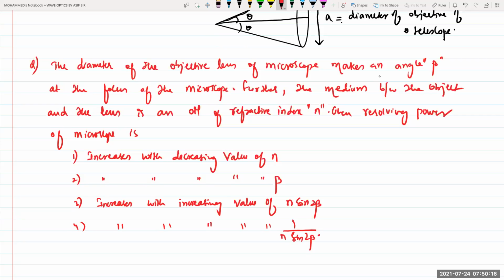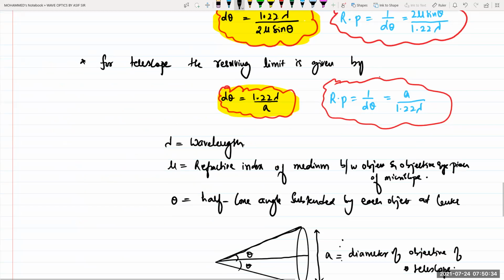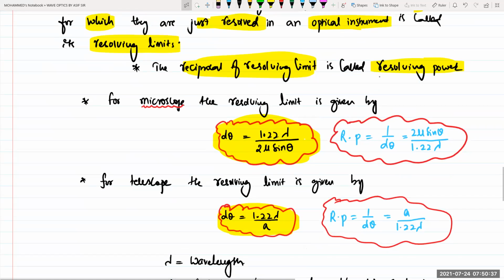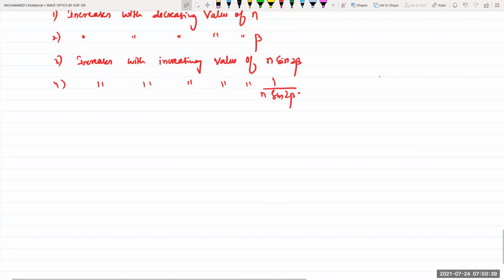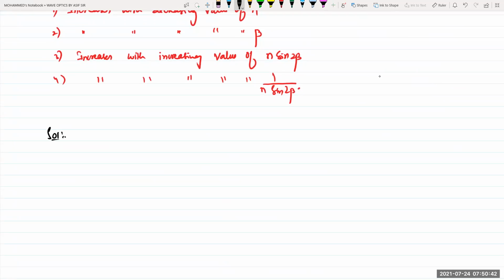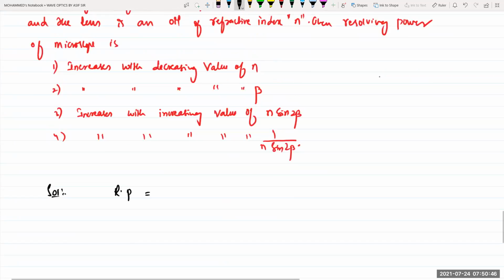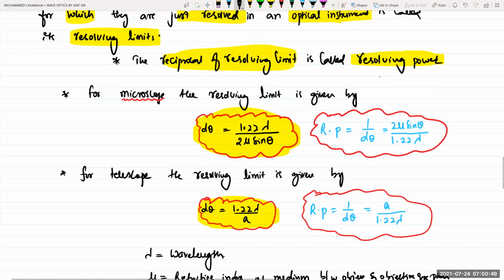Try to read it out better. The diameter of the objective lens of your microscope makes an angle of beta at the focus of the microscope, and the angle is very, very small. Further, the medium between the object and the lens is an oil of refractive index mu. Then he's asking the resolving power of the microscope. I'm writing here: resolving power of the microscope is equal to 2 mu into sine theta divided by 1.22 lambda.